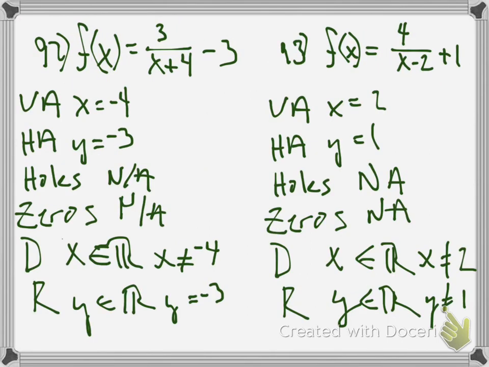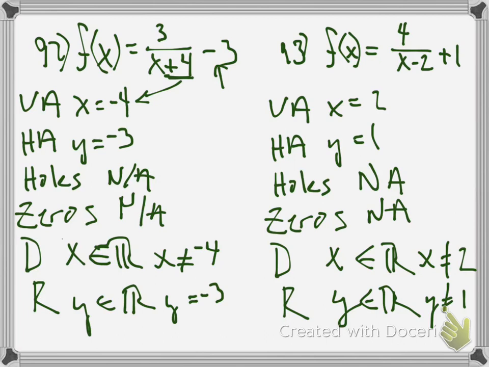Alright, so for 92 and 93, I'm just going to show you the answers because those are the ones we just covered with the vertical and horizontal asymptotes. And those ones you don't have to factor. So keep in mind, your vertical asymptote is here with the x, and your horizontal, notice that it's the opposite. Your horizontal asymptote is the number that's all by itself after the fraction.